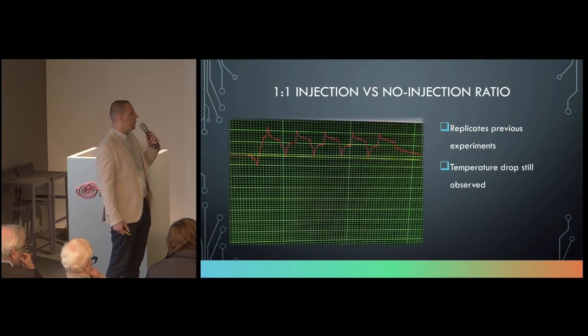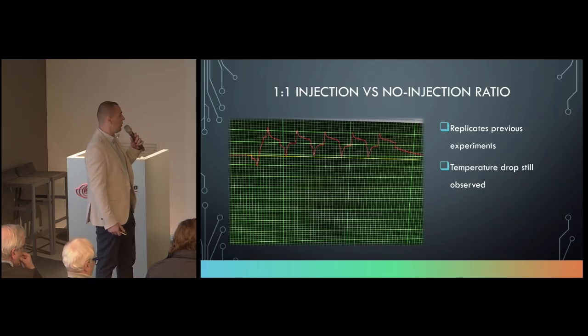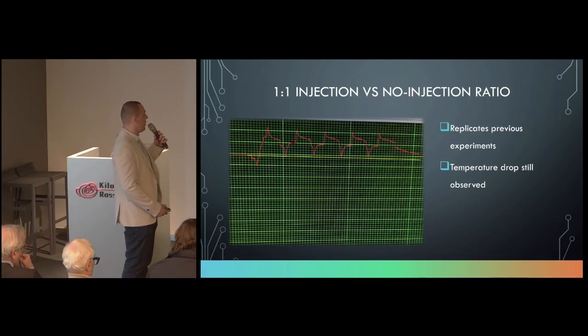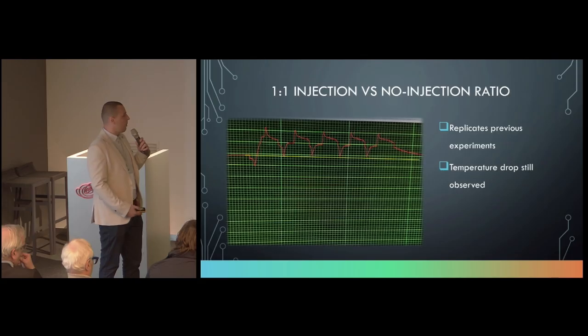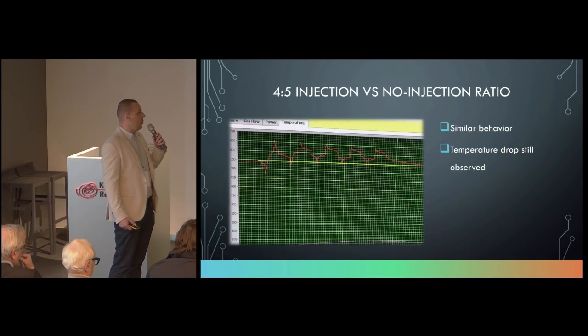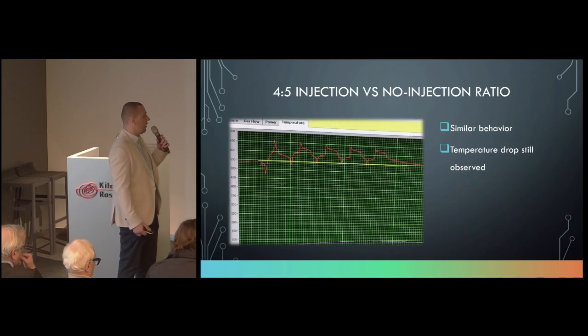The first injection ratio we tried is 1:1. It replicates the previous experiments, and here we see that the drop is still present and still observed, so nothing changes in this one. And we tried the 4:5 ratio.